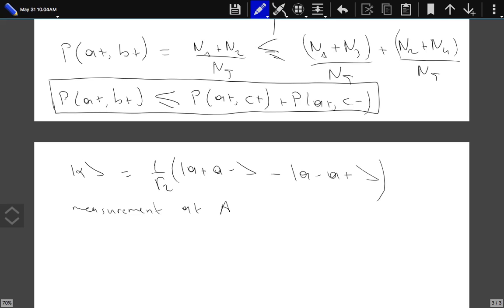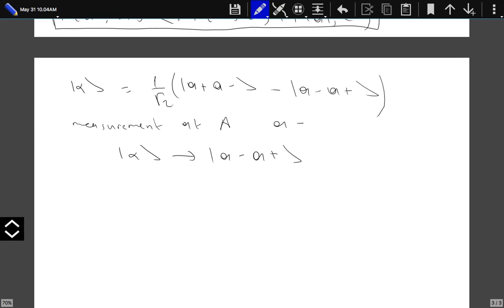And let's say you have measured a plus. Then we know that the other one will be a minus. Or let's say a minus. So after the measurement you have this state. So you know that it is a plus.